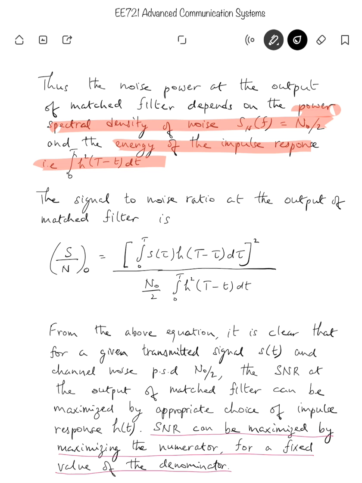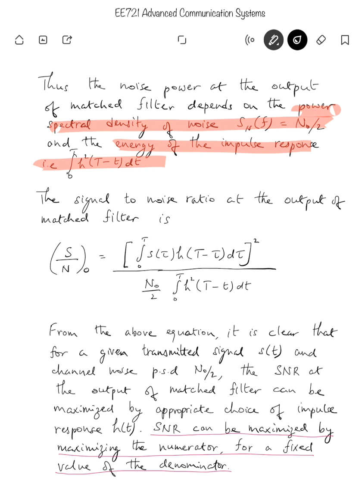And in the numerator, you have the transmitted signal, which is what you want to transmit. So the only thing you can play with to maximize this is the impulse response h of t. We need to choose h of t in an appropriate way such that the numerator term gets maximized, and that is going to be our objective.